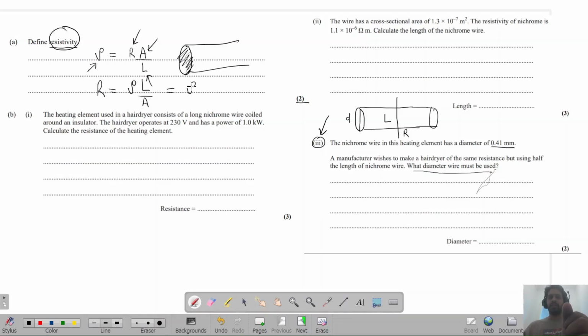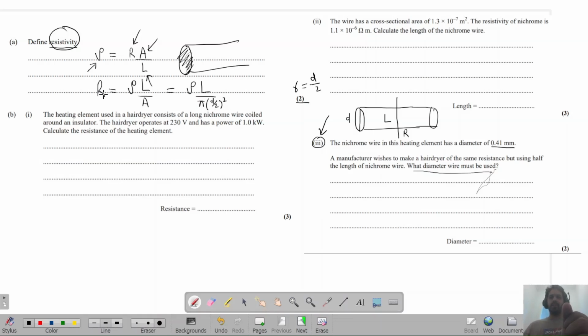So I can write it as rho L divided by pi, and because cross-sectional area is given by pi r squared, but r is related to diameter, if you divide diameter by 2 you will get radius. So instead of writing r squared, I can write d divided by 2 squared.